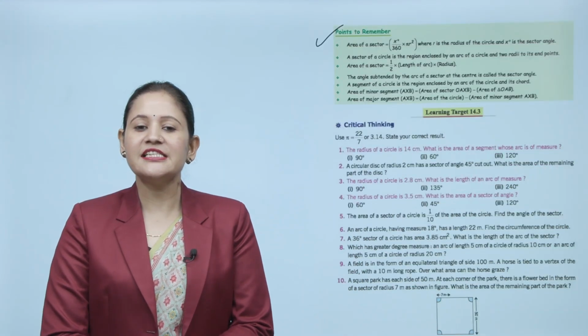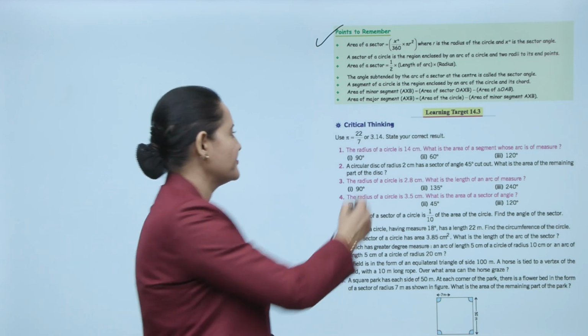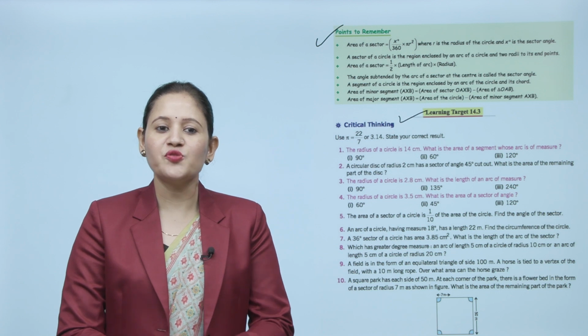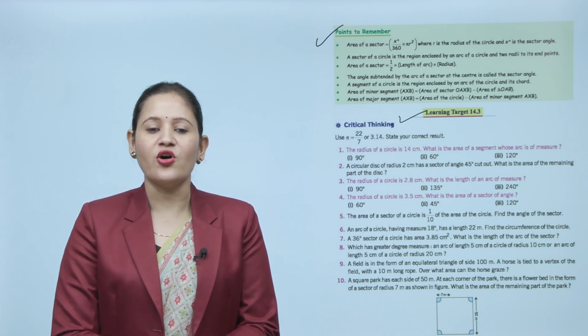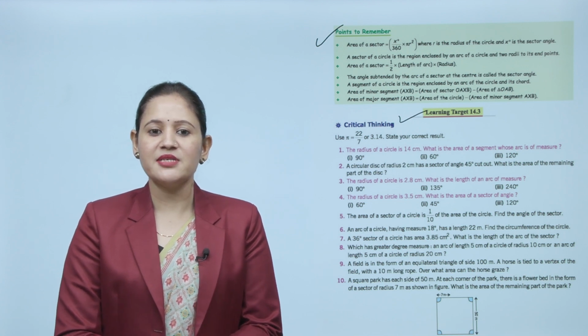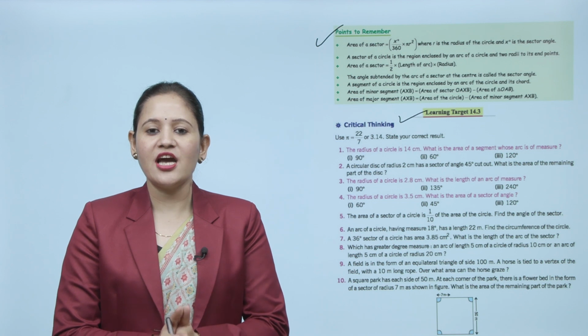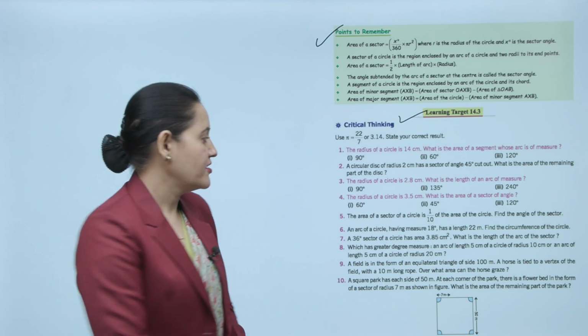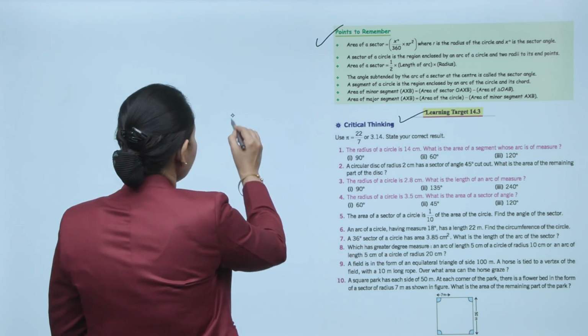Next is Learning target 14.3. Critical thinking. Use pi as 22 upon 7 or 3.14. State your correct result. The radius of the circle is 14 centimeter. What is the area of segment whose arc is of measure 90 degree? So area find out करना है.